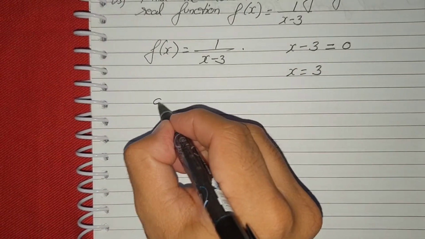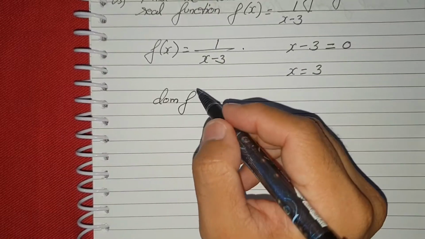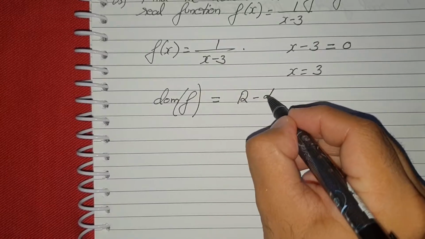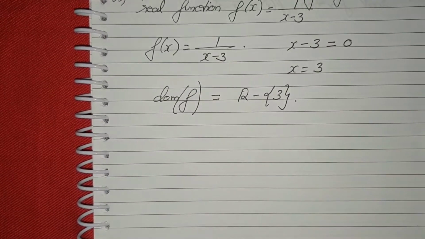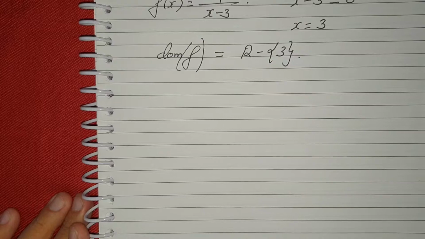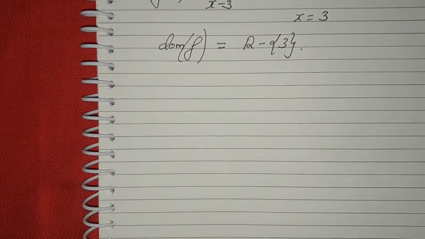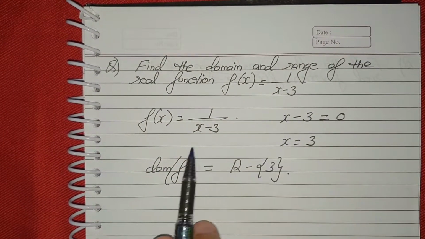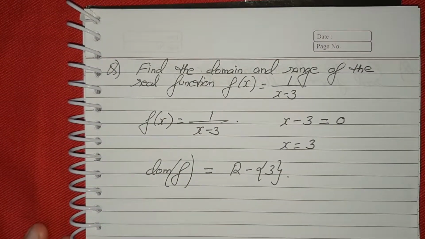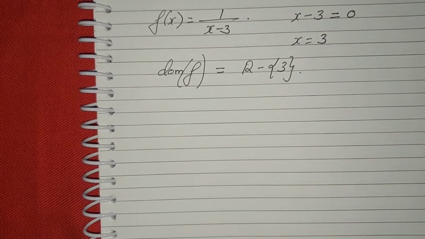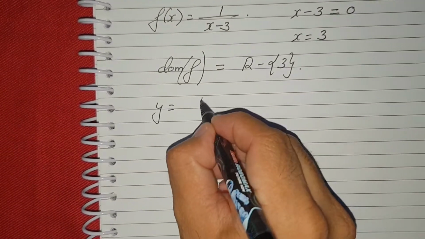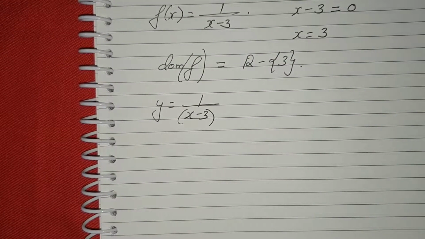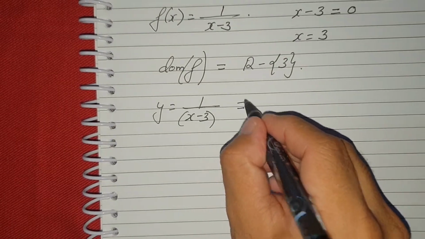So we write the domain of f is R - {3}. Now we clearly know that domain is basically the values of x we can substitute so that the function is defined. Range is the values of y. Now y is 1/(x - 3).